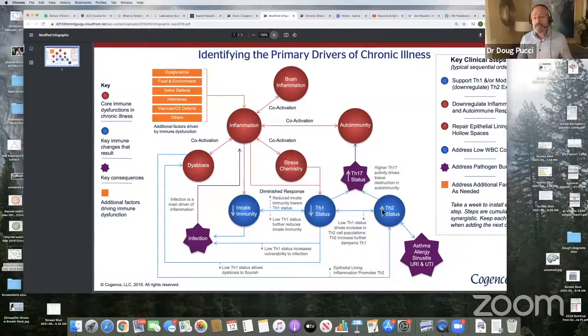So the Th1 and Th2 systems are important. The Th1 helper system has different types of immune cells, called cytotoxic cells and natural killer cells. So they do what they sound like, right? The responsibility of the Th1 system is surveillance and to control bacteria and viruses, and to eradicate the overgrowth of bacteria in your gut.